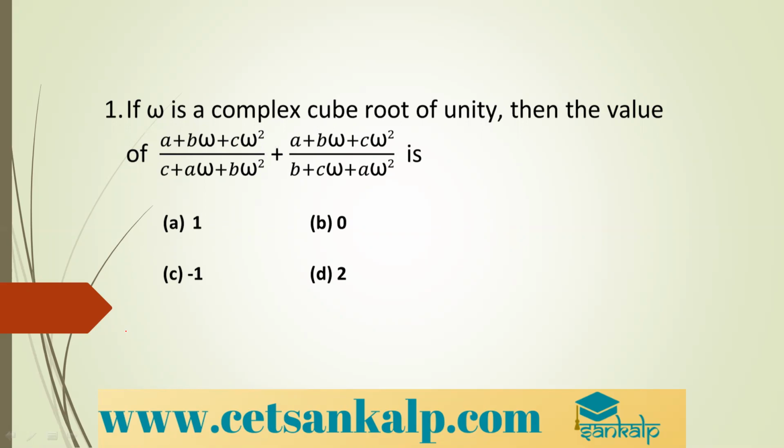So here you must remember two important formulas with omegas. One is 1 + ω + ω² = 0 and the other is ω³ = 1. Because ω³ is equal to 1, here I can write a into 1, here also I can write a into 1, so that this 1 and this 1, I can write as ω³.